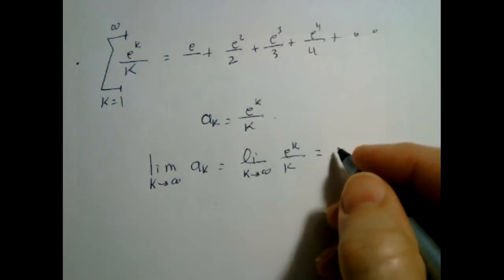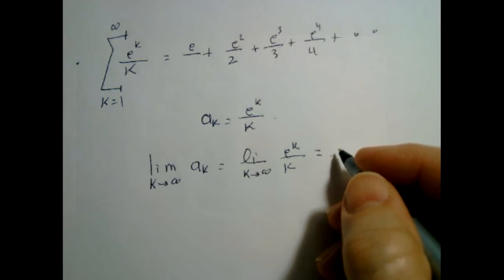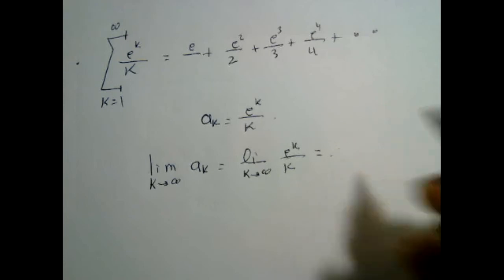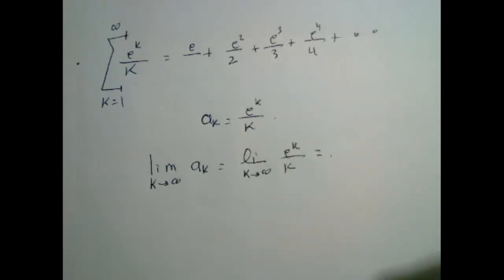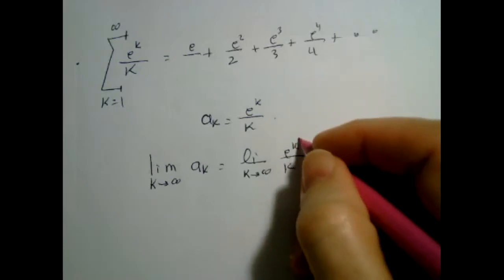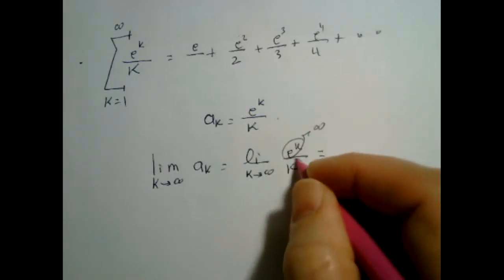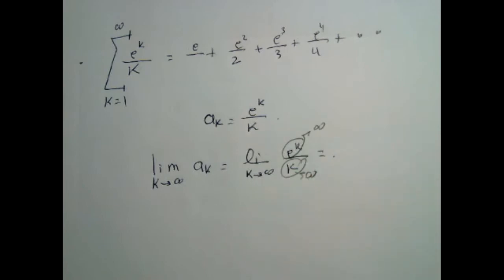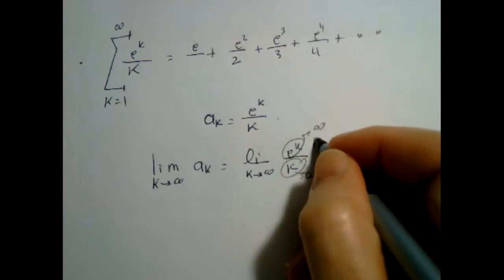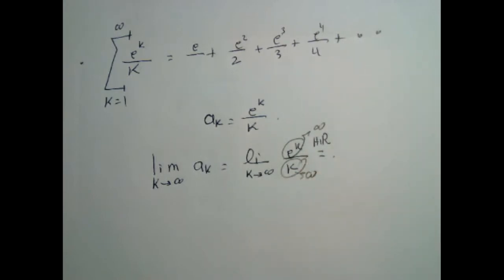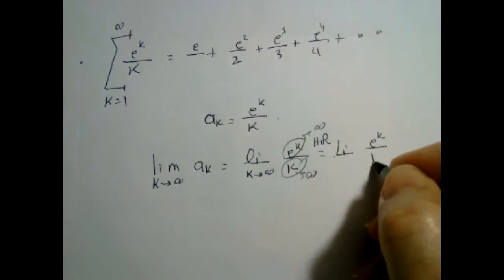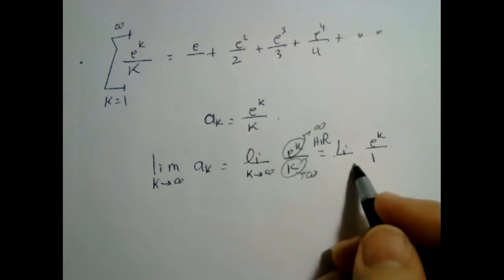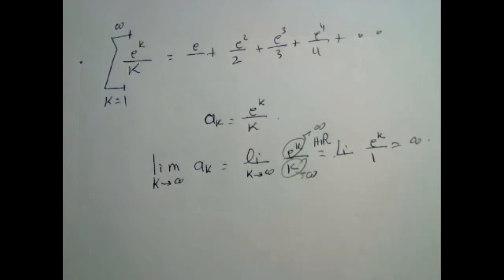Because they're both going to infinity, but e to the power k is going at a much larger rate. Right. So the limit is infinity. If you want to do it mathematically correctly, what do we do? Infinity over infinity, we can use L'Hopital's rule. So it's going to give me the limit of e to the k over 1, since the derivative of k is 1, which is equal to infinity.